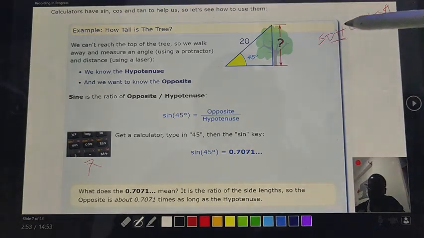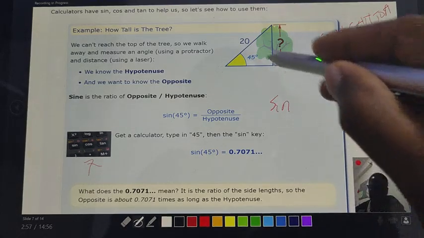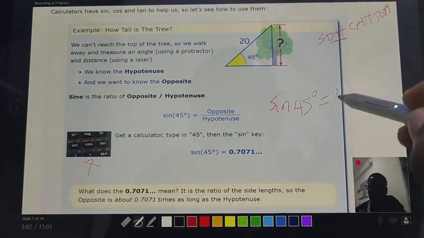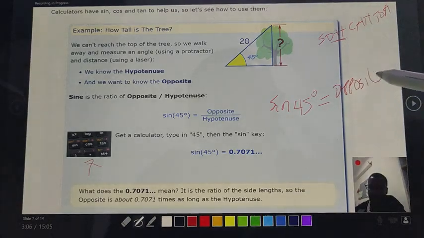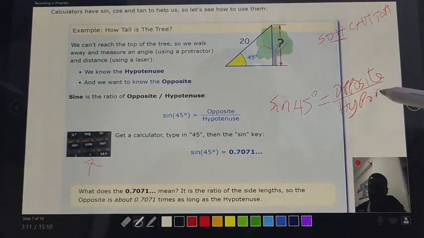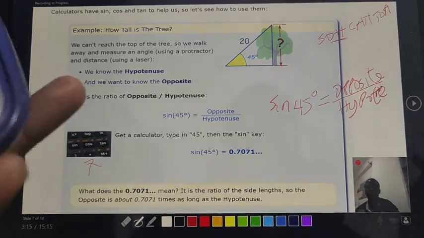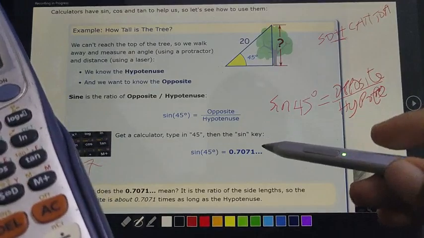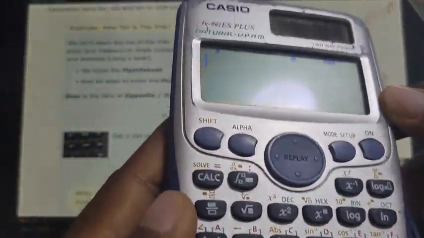Now we use these trigonometric ratios to say sine of the angle 45 degrees should be equal to opposite over hypotenuse. If you go into the calculator, we'll find out what sine 45 is.